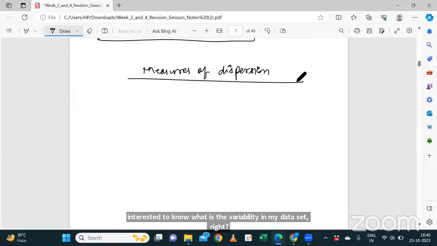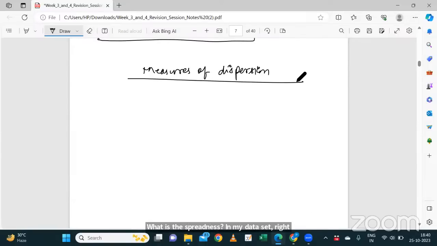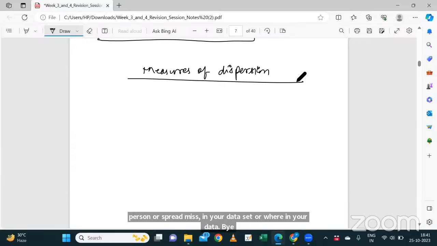Can anyone tell me what is the need for it? So that we can differentiate between two data sets, sir, even if they have the same mean and median. Correct.